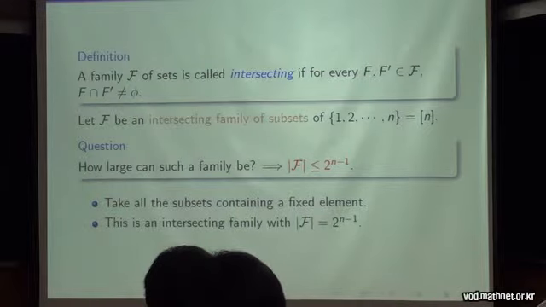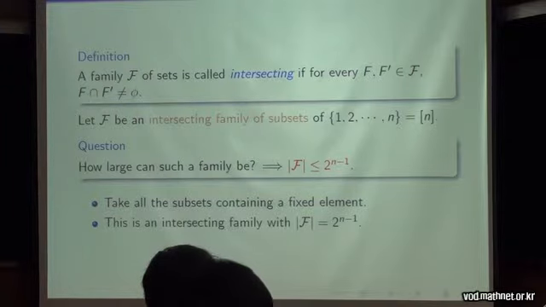In today's talk, we are interested in the intersecting property. What is the intersecting property? If there is an intersection between any two sets, it is called an intersecting family. So the simple question is, what is the maximum size of an intersecting family?